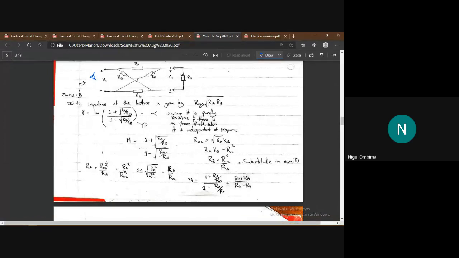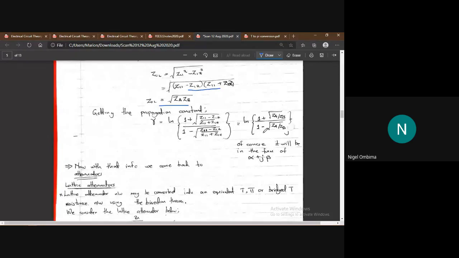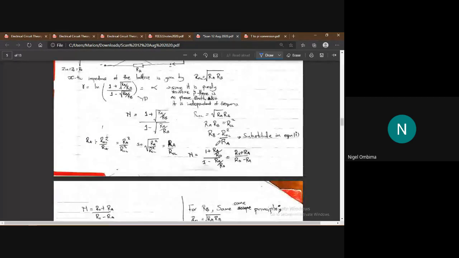Okay. 1 plus the root of RA over RB over 1 minus the root of RA over RB, from here is equal to the propagation coefficient, which I told you is now N. Because the circuit is purely resistive, there is no phase shift and it's independent of frequency, so N is equal to 1 plus RA over RB.